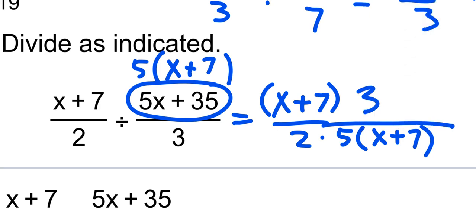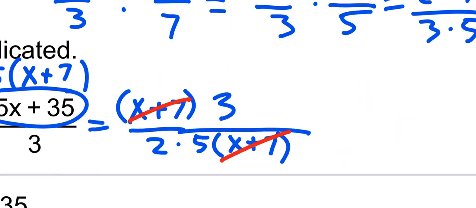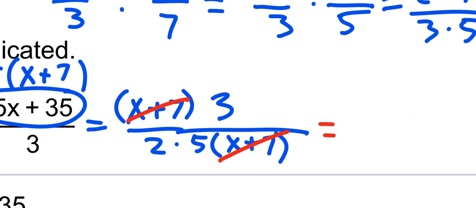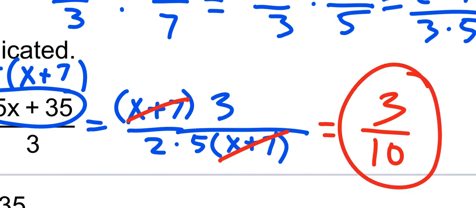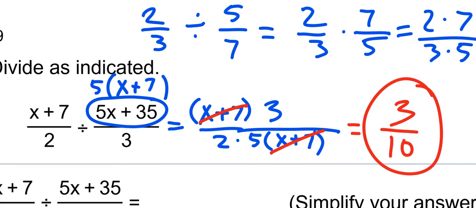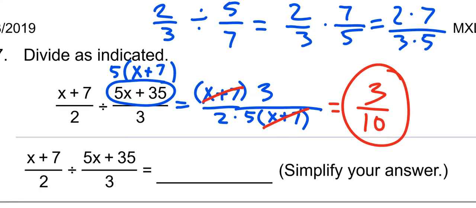What do you see? You see the x plus 7s cancel. And what's my final answer? 3 over 10. We kept the first one, changed it to multiplication, and flipped the second fraction.